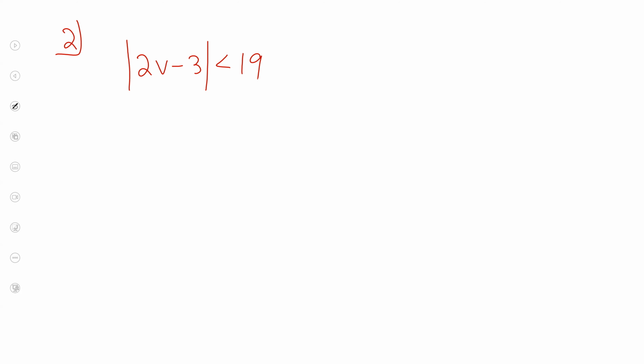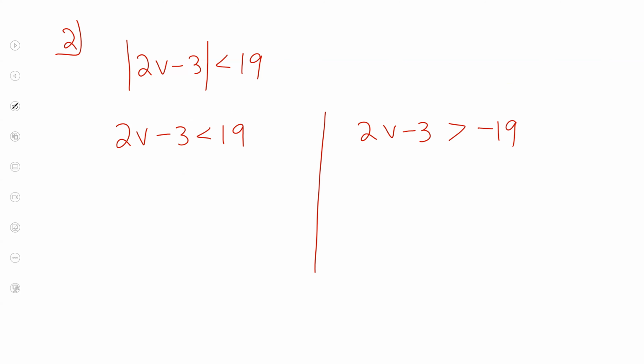The first case, you just copy it down. 2v minus 3 is less than 19. My other case is 2v minus 3, but this time, change the sign, change the number. And now we just do algebra.